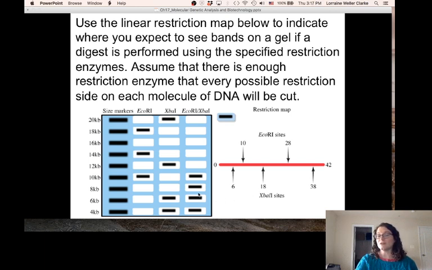Because there's actually multiples in one of these, right? We had 2 10s. So this 20 kilobase piece was cut into 2 10s. And you might not see that many bands, but that's the concept, okay? So I want you guys to be able to recognize how to do that.